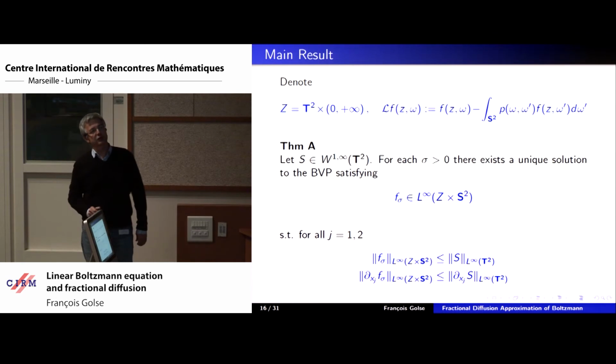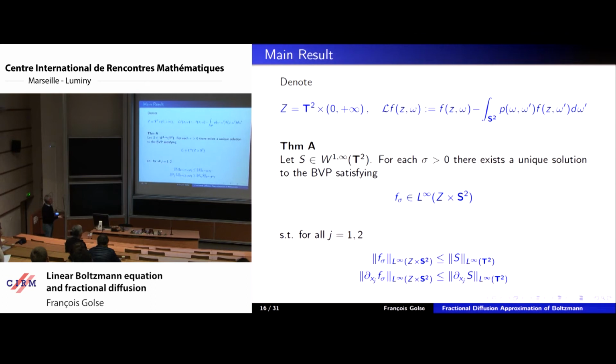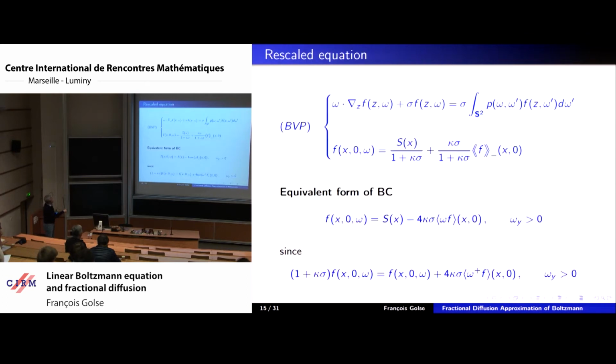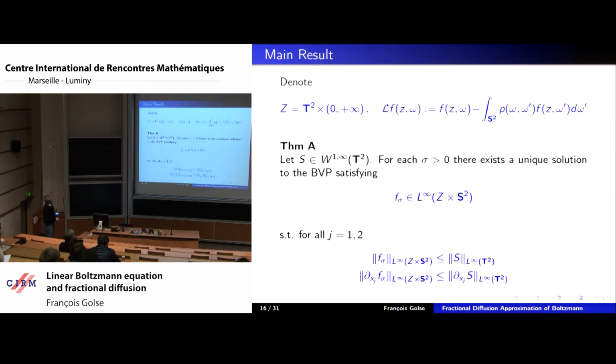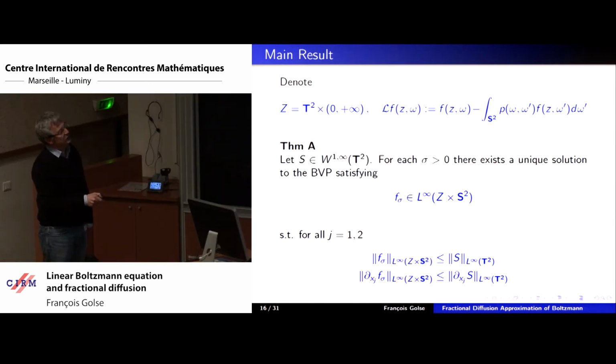And so the result which we obtain is that if you assume that the source term here, this S of x, is Lipschitz continuous on the torus, then first you can prove that for each positive sigma there exists a unique solution to the boundary value problem, which is going to be uniformly bounded in L infinity of z and omega, right? So this f sigma is uniformly bounded in z and omega.